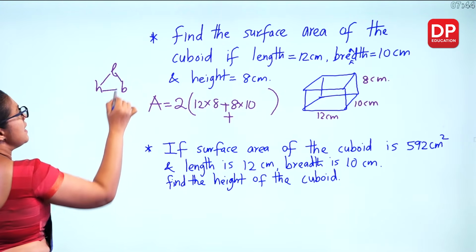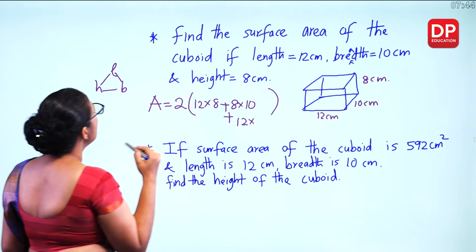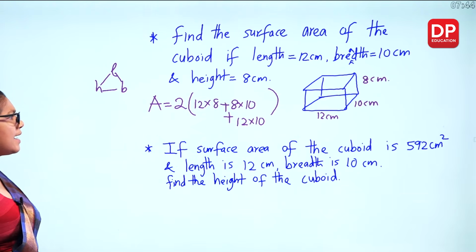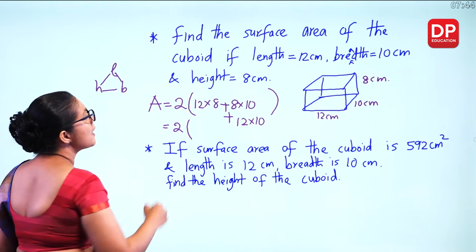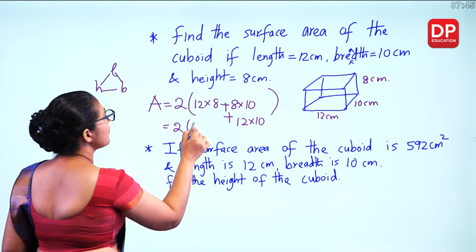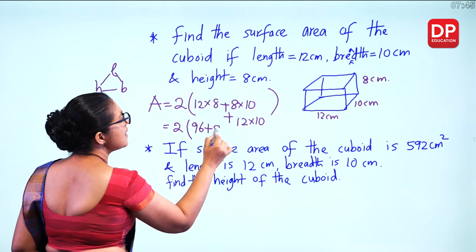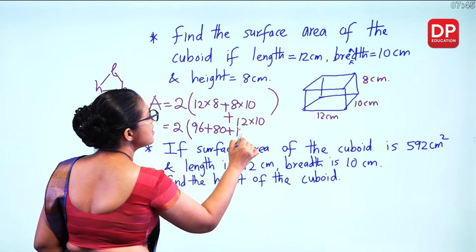Then LB. L is length, that's 12. And B is breadth, 10. So when you multiply, what you get? 2 times 12 times 8, 96. 8 times 10, 80. 12 times 10, 120.